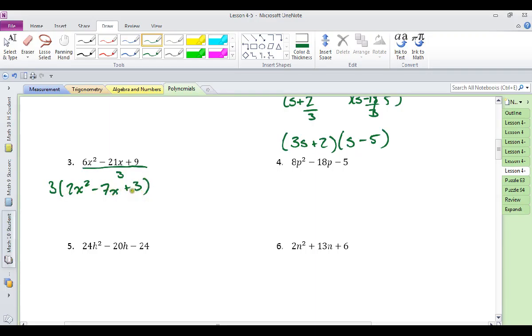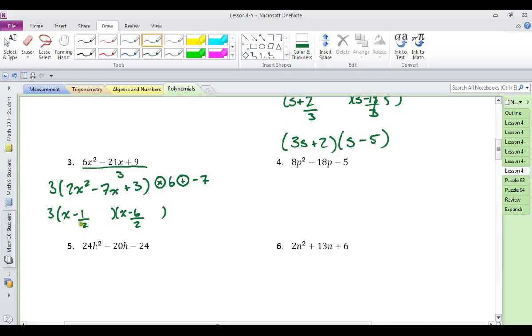Now we factor this. So the 2 times 3, I got to multiply to what? 6, and I got to add to what? Negative 7. What is it? Minus 1, minus 6. Agreed? What do I got to divide by now? 2.